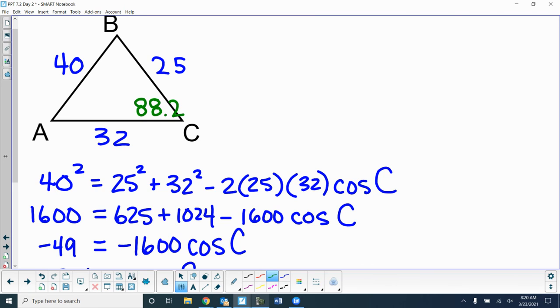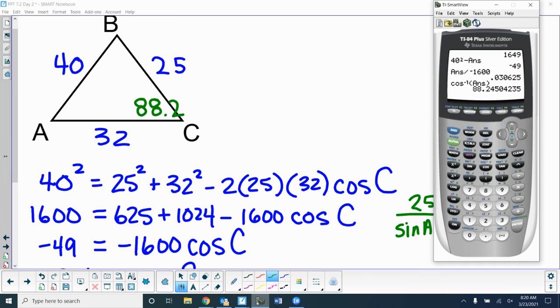So it would be 25 over the sine of A equals 40 over the sine of 88.2. That's my law of sines I'm going to use.